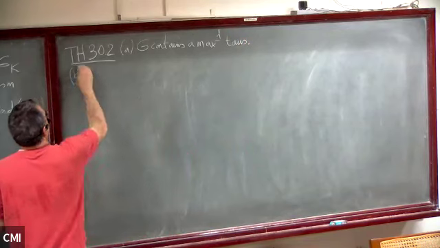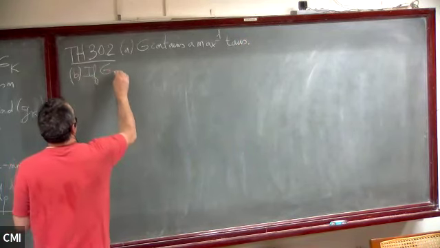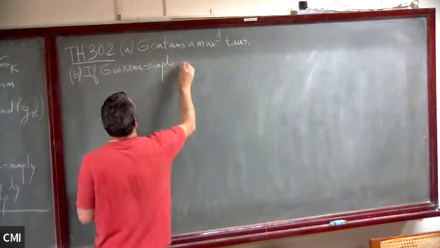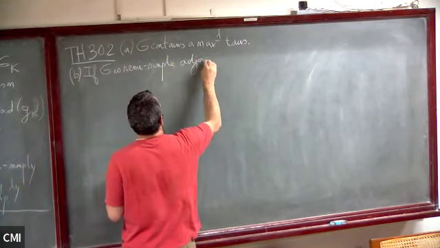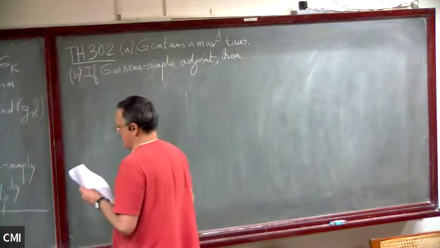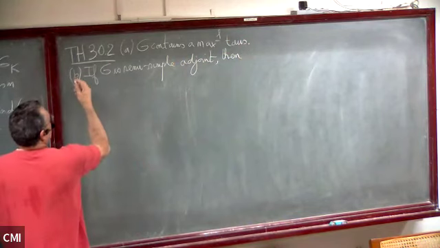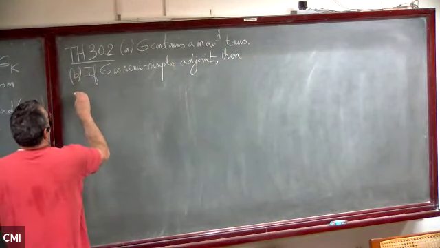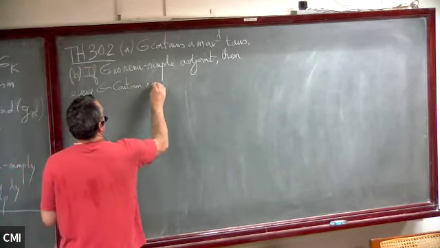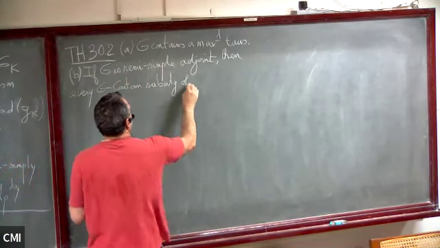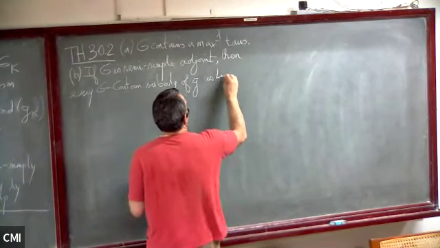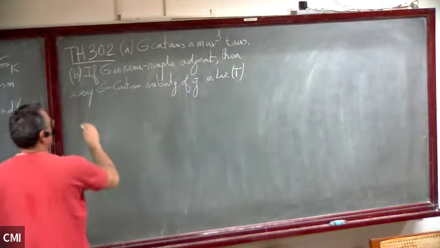And a more precise statement: if G is semi-simple of adjoint type, then every G-Cartan subalgebra of the Lie algebra of G is the Lie algebra of a maximal torus.